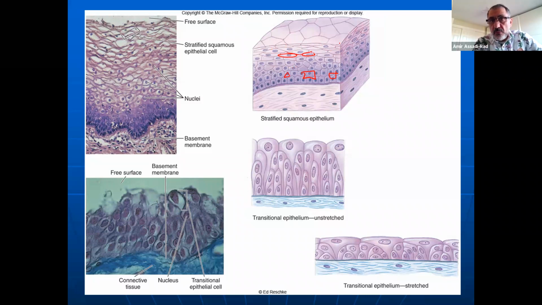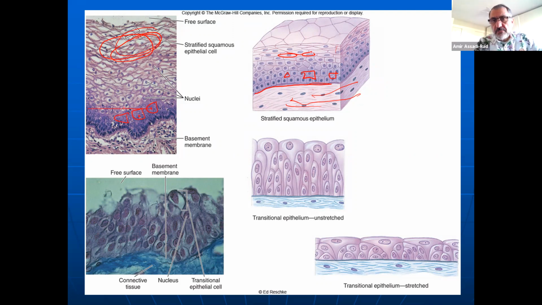Whatever is on top, and then the bottom is basement membrane. Right here is what they call the basement membrane, and then these are possibly connective tissue or smooth muscle, what have you. Then that top, this is a real picture right here. So the top is squamous epithelial tissue, on the bottom is cuboidal epithelial tissue.